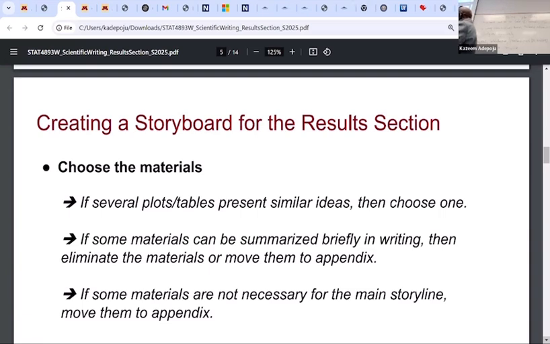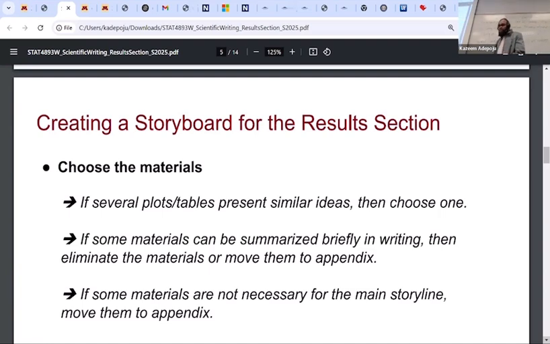You're not going to write forever and you don't want the reader to get bored. So if some materials are not necessary for the main storyline, move them to the appendix.